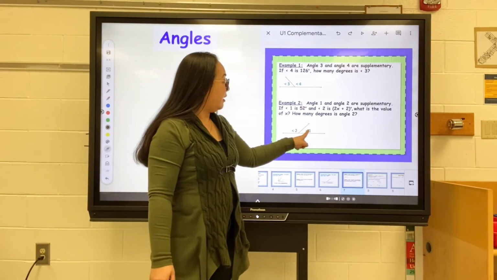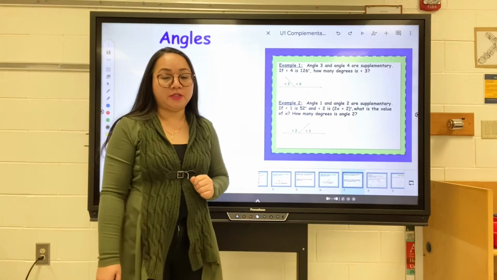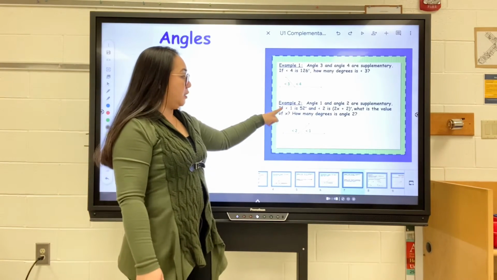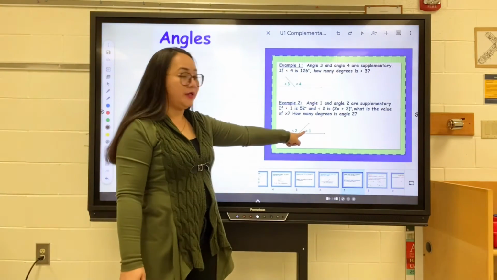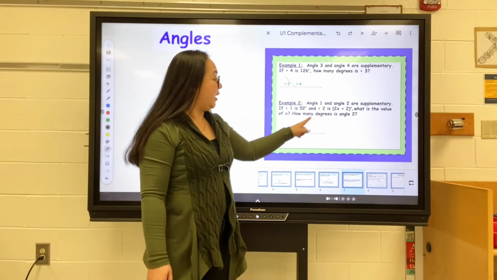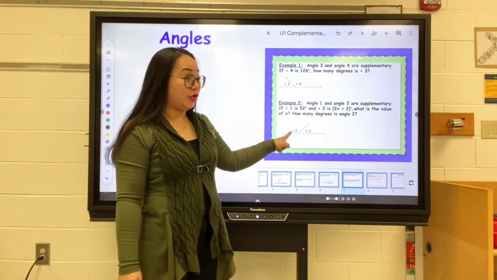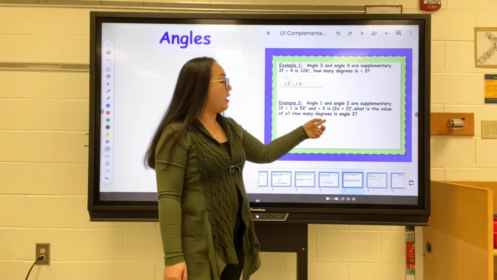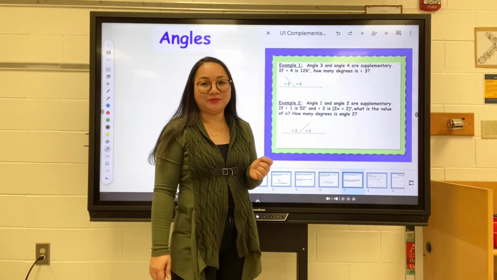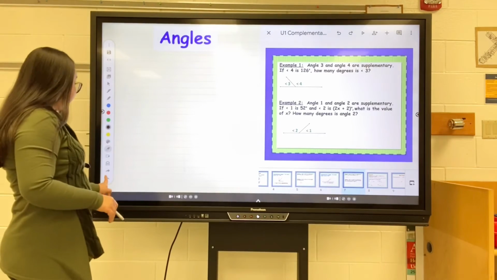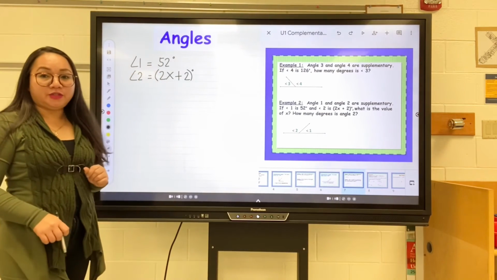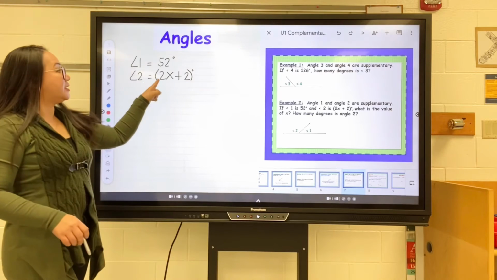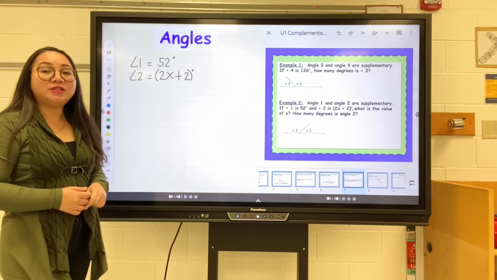Now, let's try example number 2. Angle 1 and angle 2 are supplementary. If angle 1 is 52 degrees and angle 2 is 2x plus 2 degrees, what is the value of x? How many degrees is angle 2? So now here, angle 1 is 52 degrees, angle 2 is 2x plus 2 degrees.